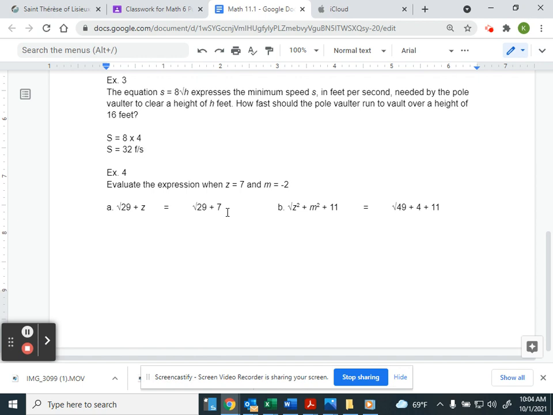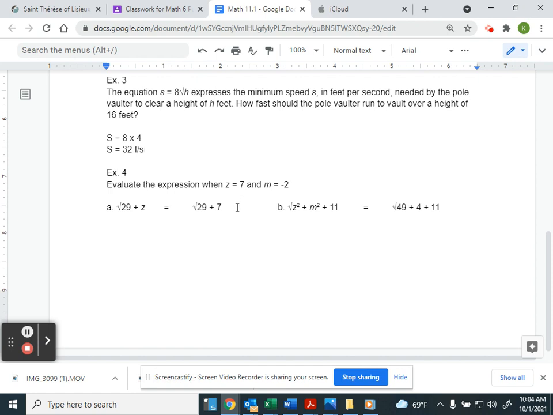Oh, I could not get that square root symbol to be long. So that square root symbol goes over it all. So think of that square root symbol to go over that entire thing. So you need to find 29 plus 7 and then find the square root of it.